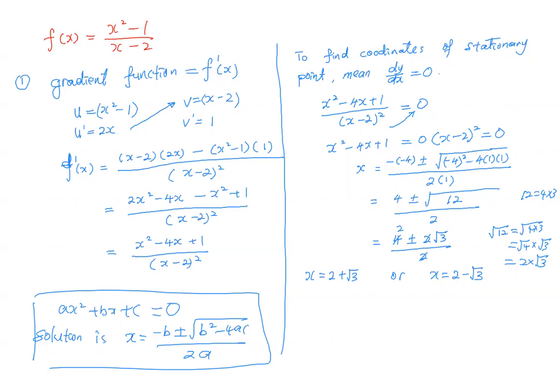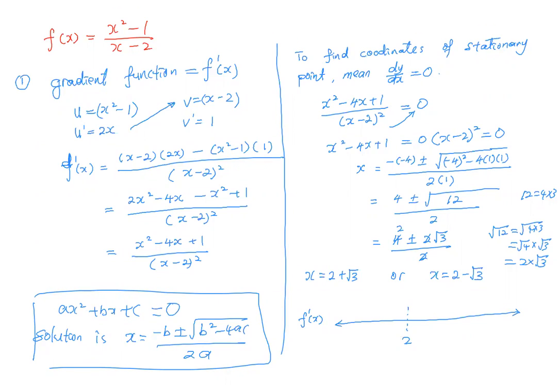So if I want to know the nature of the stationary point, then I have to draw the sign diagram of f prime x. Now I'm going to teach you how to use your graphic calculator to help you draw the sign diagram. Put the vertical asymptote first, that is 2.